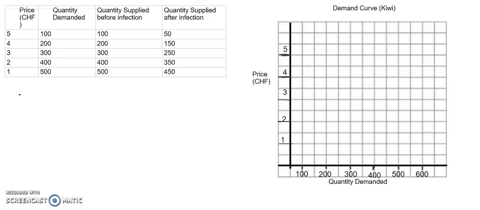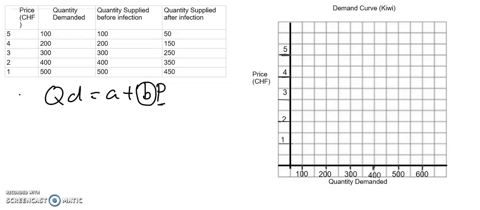find our demand curve. Now, the function that I'm going to use is QD equals A plus BP. And the first variable that we're going to find is B. That's the inverse slope.